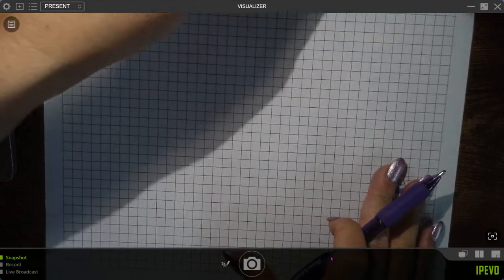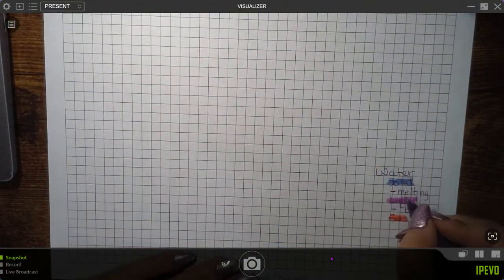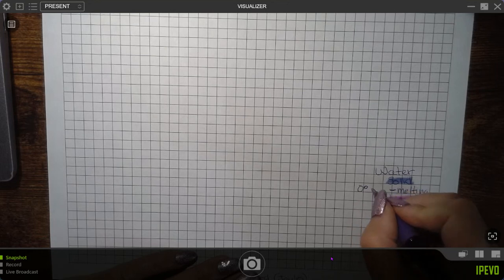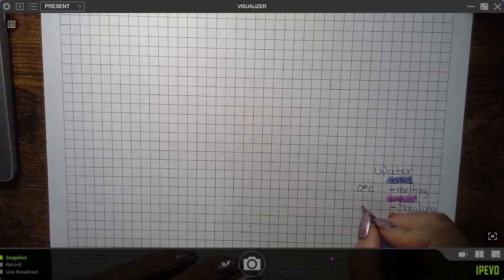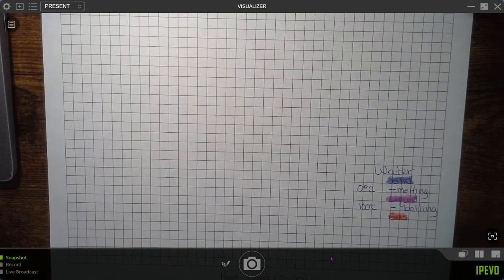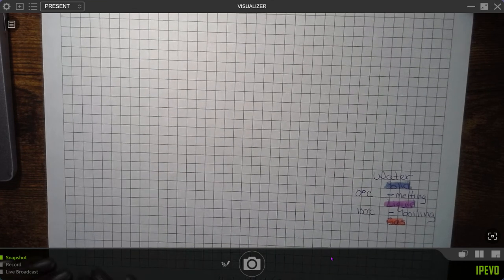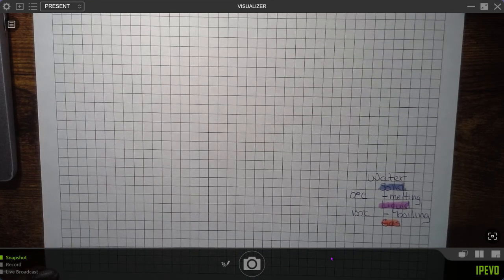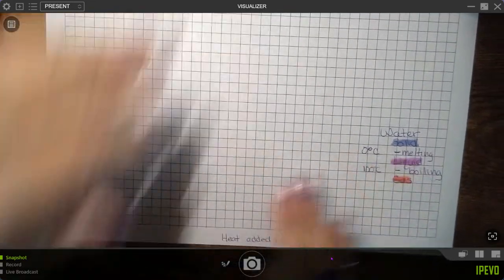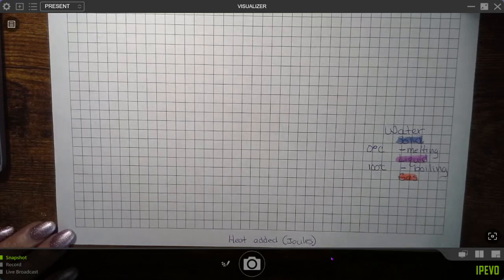We know that water melts or freezes at 0 degrees Celsius. We know it boils at 100 degrees Celsius. So those are going to be two important spots on my graph. I'm going to start my graph below 0 and end it above 100, so we can see the whole process as water heats.